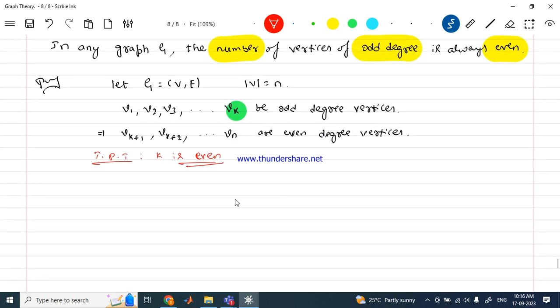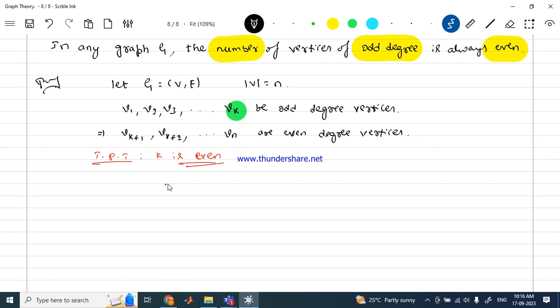Now how to show this? For this, I'm directly taking the help of the handshaking property. Since this is some arbitrary graph G, the handshaking property holds good.